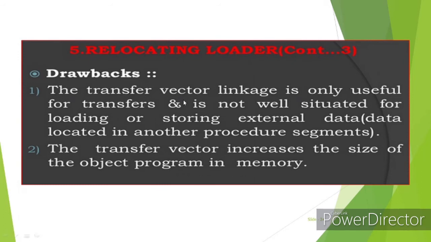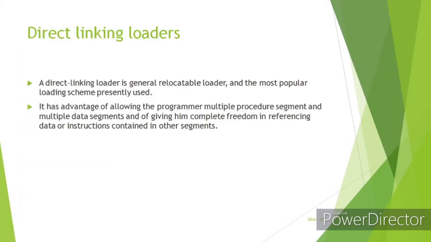The drawback of this relocating loader is the transfer vector link, which is only useful for transfer and is not well suited for loading or storing external data which is located in another procedure segment. The transfer vector increases the size of the object program in memory.